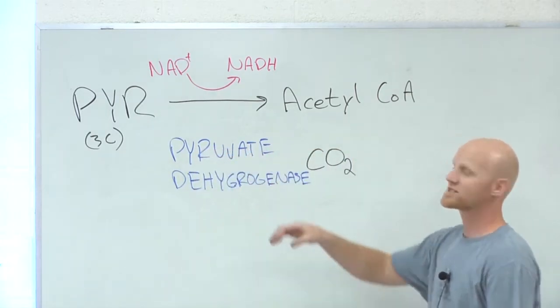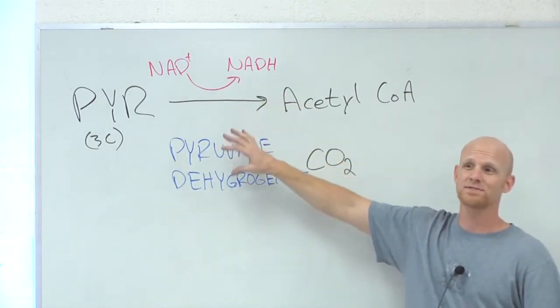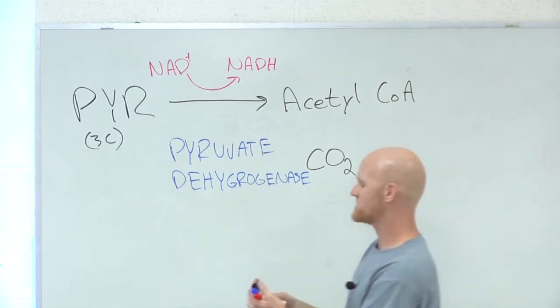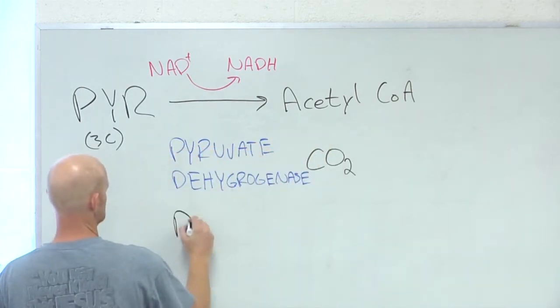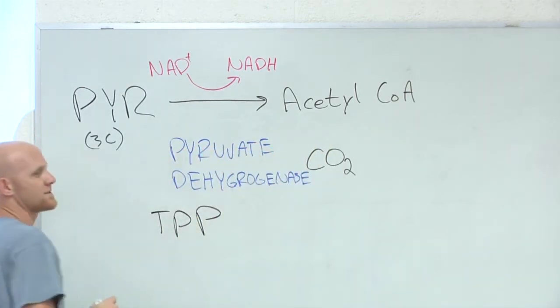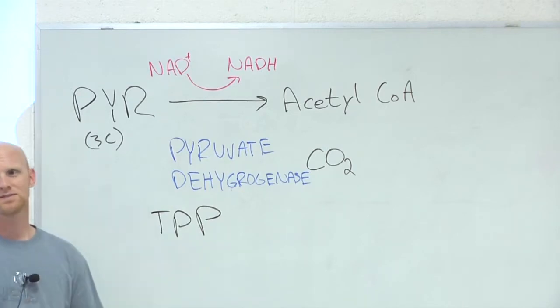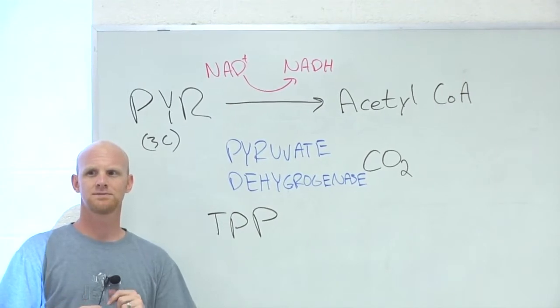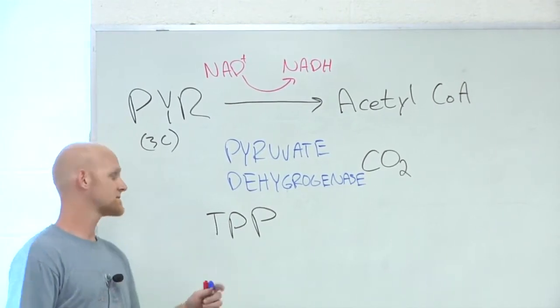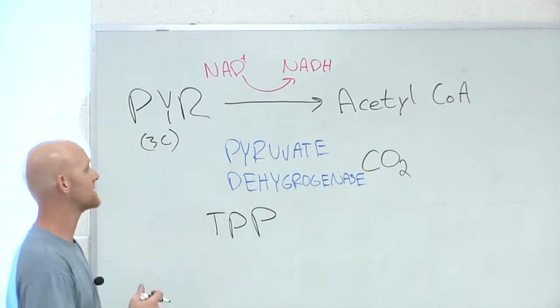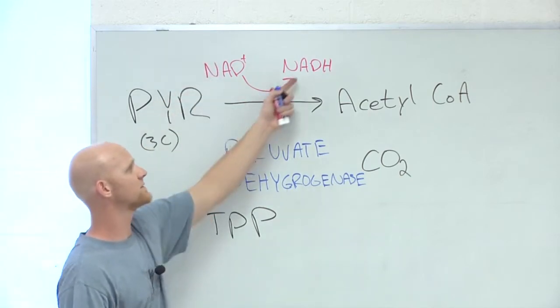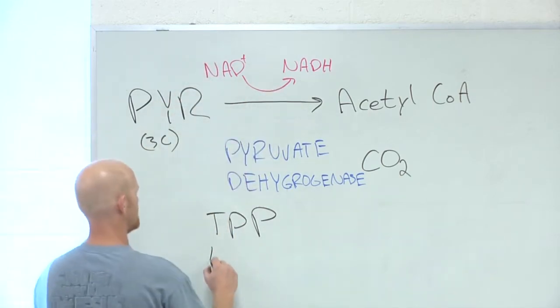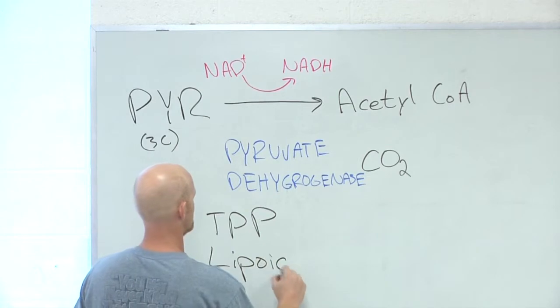So one thing to note, this is going to be one of the places where I save some time. There are some players here. Thiamine pyrophosphate. So, heard of thiamine before? What's thiamine? One of the B vitamins. So it's involved in the process here. We just saw that NAD getting reduced to NADH is involved in here. It turns out that this is not one quick little step.